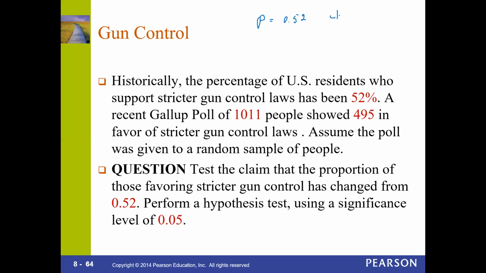I don't want to put the claim for now. So this is going to be my H0. That's going to be my H1, or HA. That's going to be 0.52.